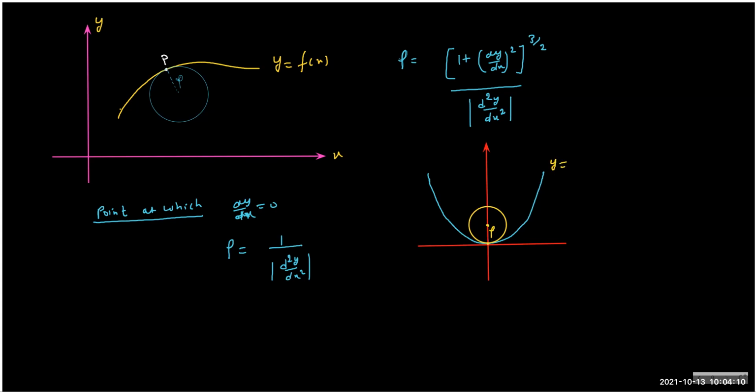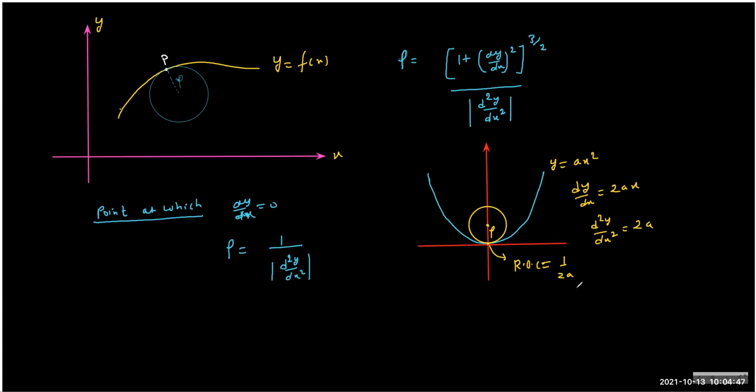And this is given by the formula, let's say y equals ax square. I'm just saying a random formula. So we can find the first derivative, which is 2ax, and the second derivative is pretty easy. It's only 2a. So at the bottom, because the tangent is 0, the ROC of this point we can always write as 1 by 2a.